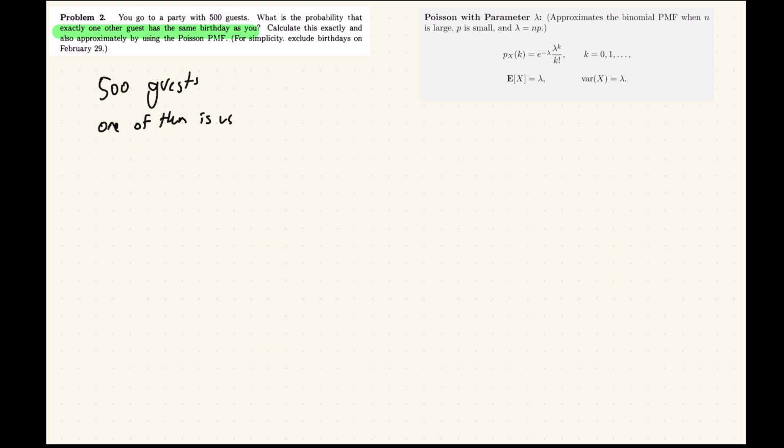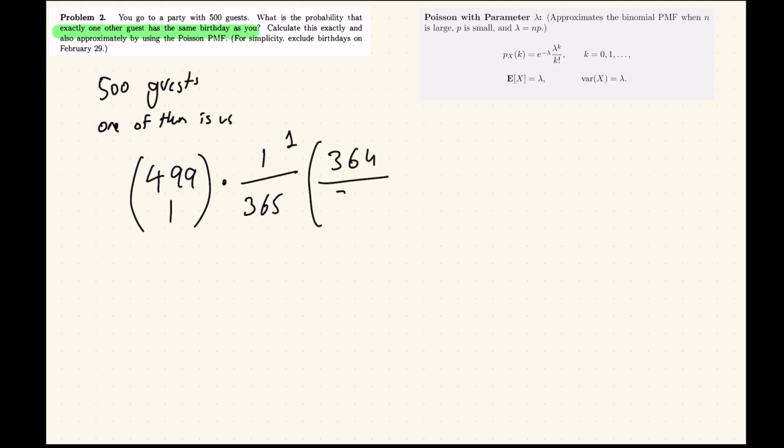So here we're actually looking for the different possibilities of choosing one person from a group of 500, right? Which would be something like this, times the probability of success to the power of k, which here is 1, times the probability of failure to the power of n minus k, which here would give us 498.